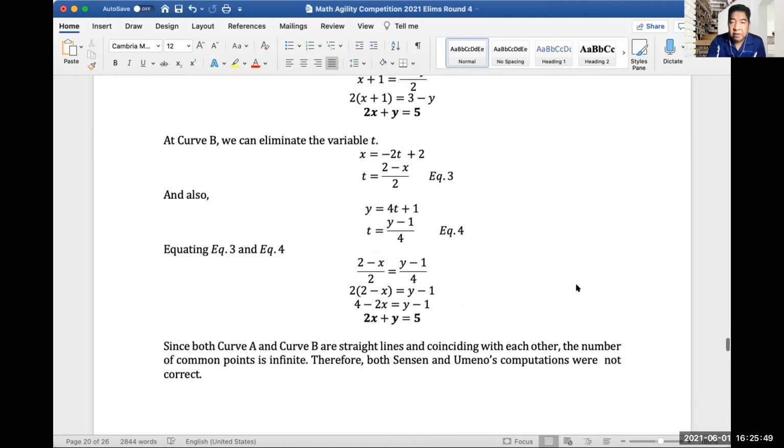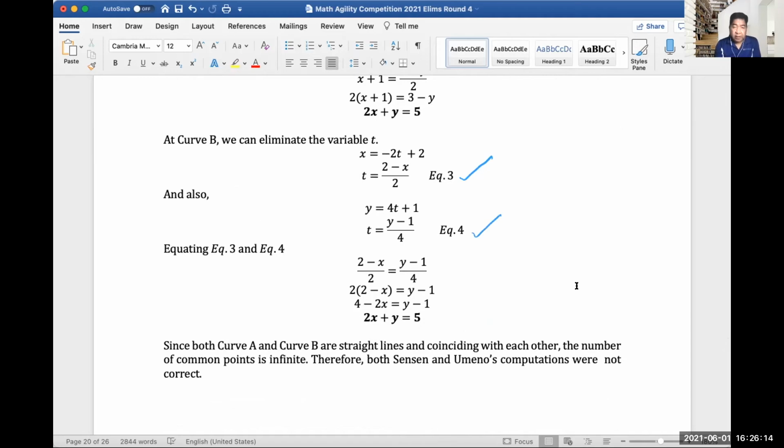This time we can eliminate the variable t. Let's transform our equation to put t in terms of x, which is equation 3, and also transform y equals 4t plus 1 in terms of y, which is equation 4.